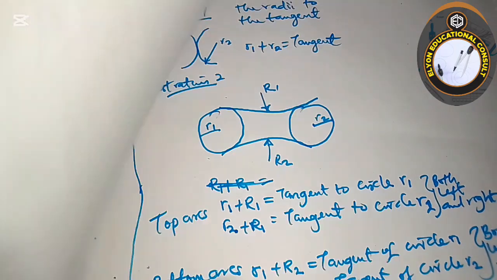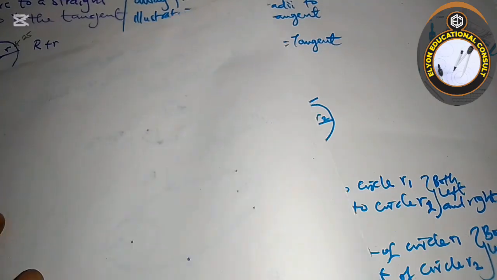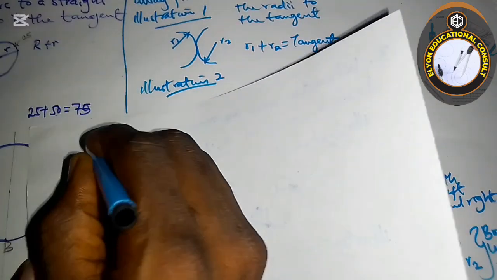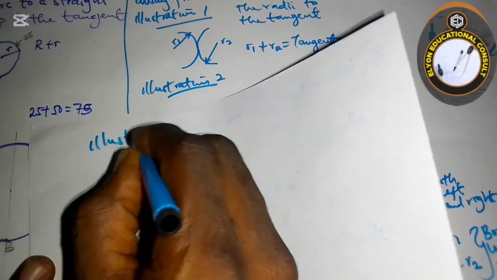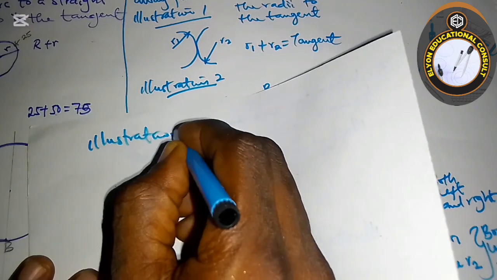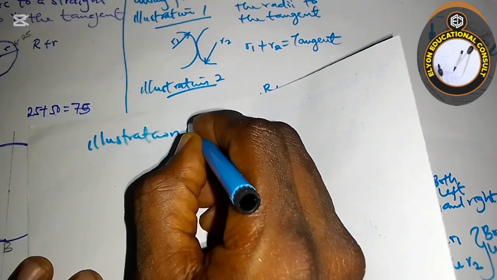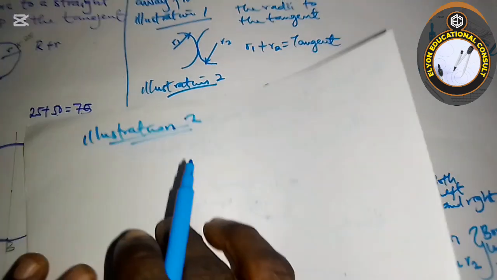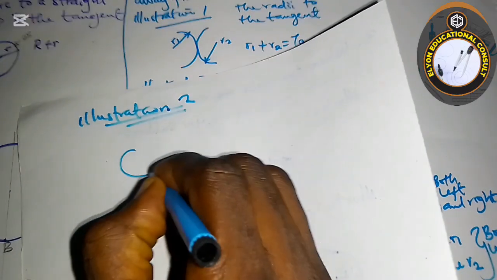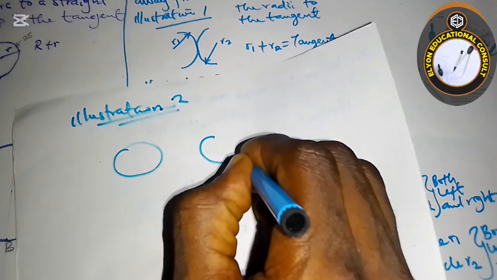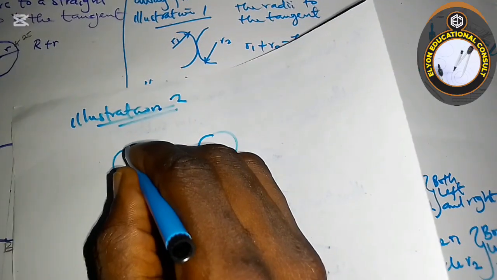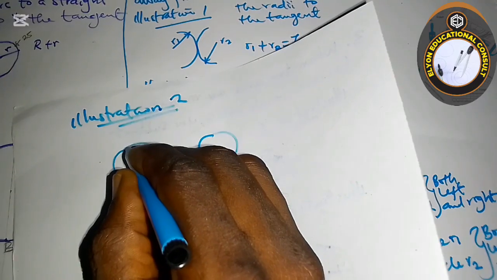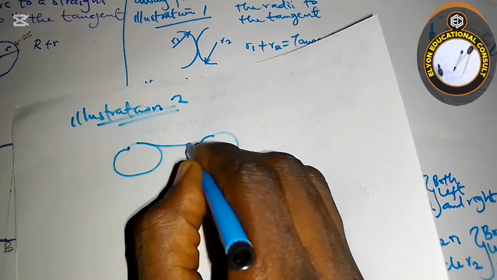Now let's look at another illustration. If we have illustration 2, then we have a case of two circles like this. We have one coming like this, maybe we have one like this.